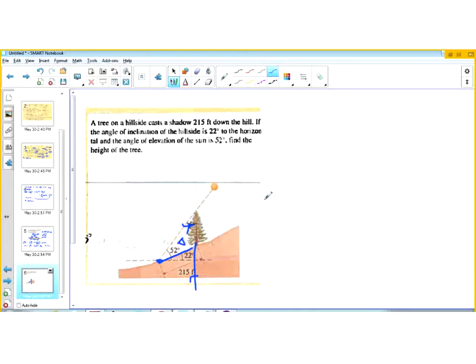We'll call that angle A. That would be 180 minus 90, since this is a 90-degree angle here, minus 52. So that means the measure of angle A is 38 degrees.